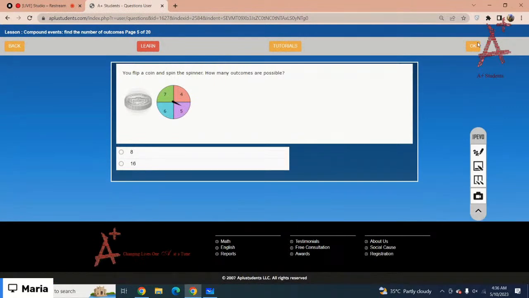Okay, the next one is you flip a coin and spin the spinner. How many outcomes are possible? So which is the correct option?